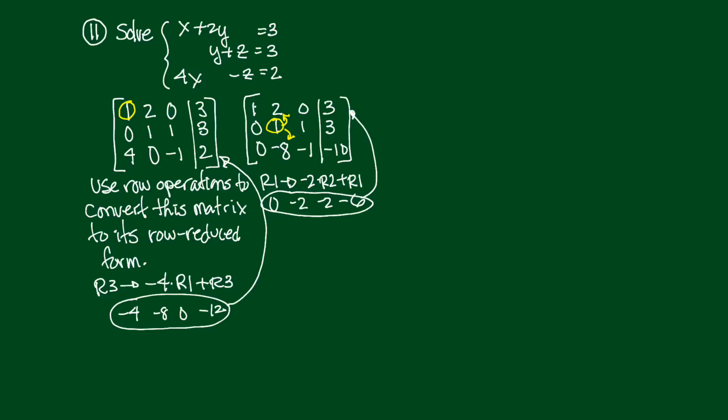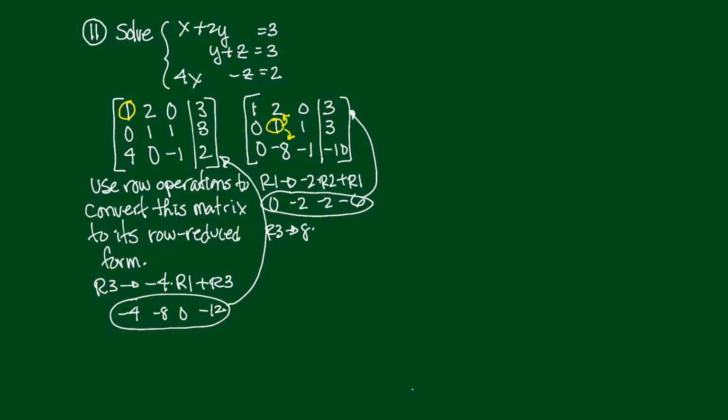So you see what I did here. I took the opposite of that, negative 2, and multiplied it right through here. 0, negative 2, negative 2, negative 6. Now, what about row 3? Row 3 is going to become, what's our number here? Negative 8. So take its opposite, positive 8, multiply positive 8 through that row.